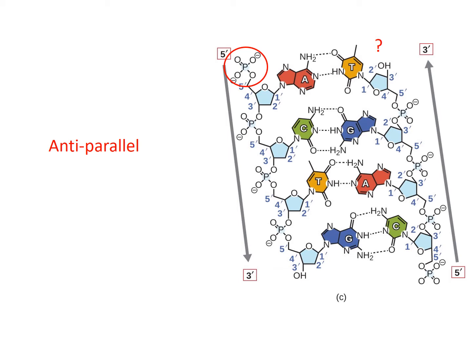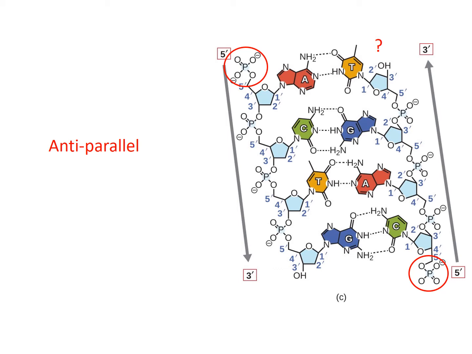So 5' always occurs opposite to 3', the way an A always occurs opposite to a T, or a C always occurs opposite to a G. So now look where the other phosphate group is. It's as if on the opposite backbone it's been flipped over. So there's the phosphate group kitty corner to the other. So the 5' ends of each of the strands of this 2-stranded DNA molecule are occurring opposite to each other.